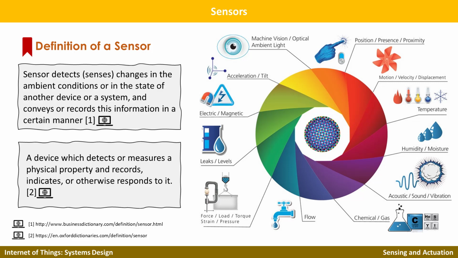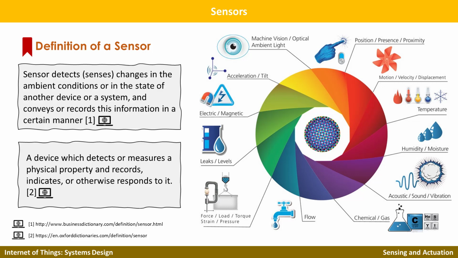We have electric and magnetic, leak and level, force, load, torque, pressure, strain, flow sensors, chemical and gas, acoustics, sounds, vibrations, humidity, moisture, temperature, motion, velocity, displacement, position, presence, proximity, machine vision, optical, ambient light. These are the most common ones, but there could be many more sensors, as you saw over the last few slides.